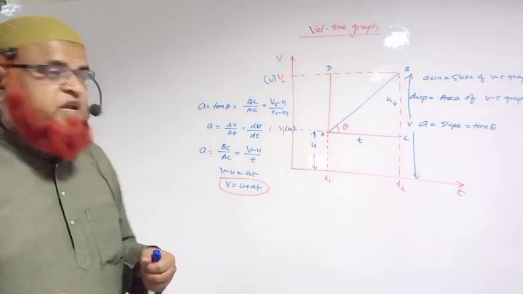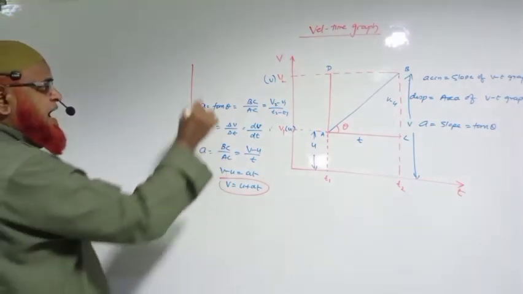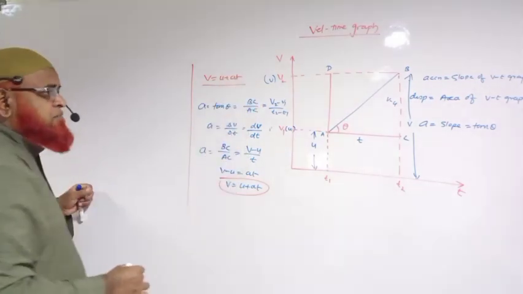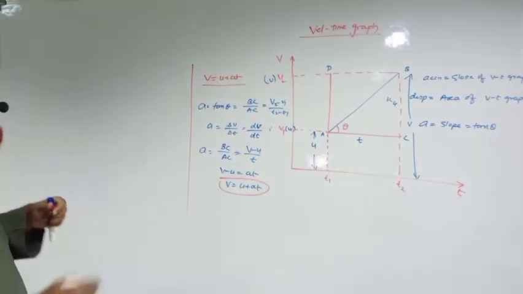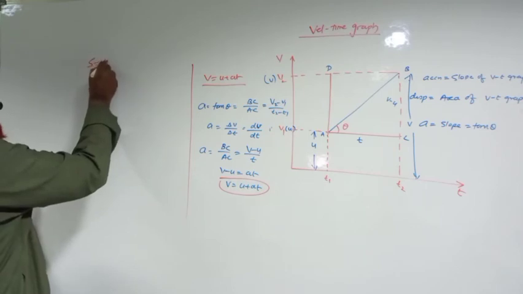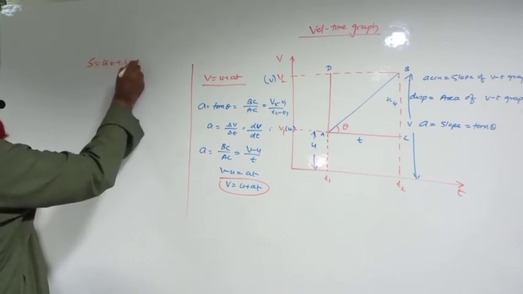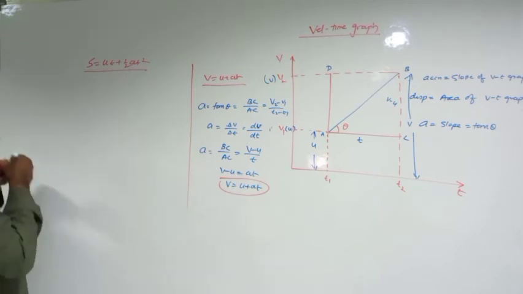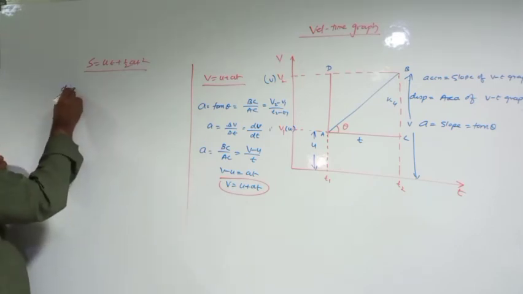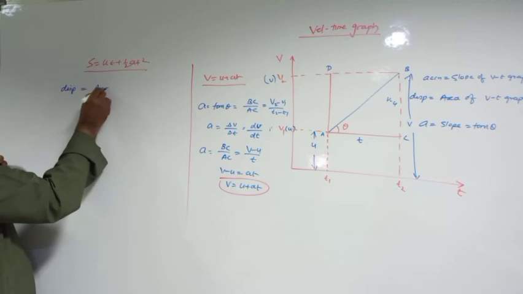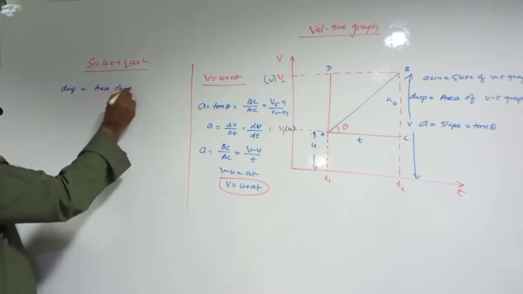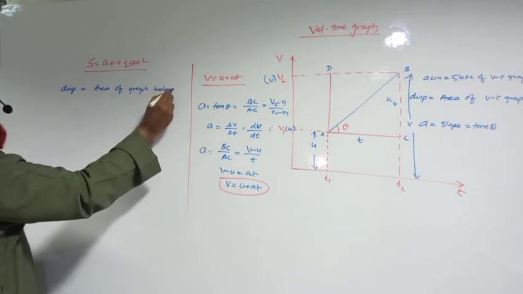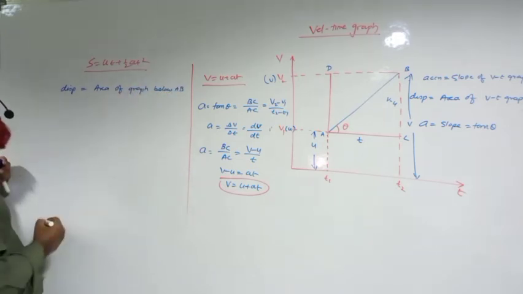But how can I find displacement here? I have proved v is equal to u plus at by using this graph. But can I prove displacement by using this graph? Yes. So displacement, that is ut plus half at square. I just told you that you have to find out the displacement means you have to find out the area of the graph below AB.